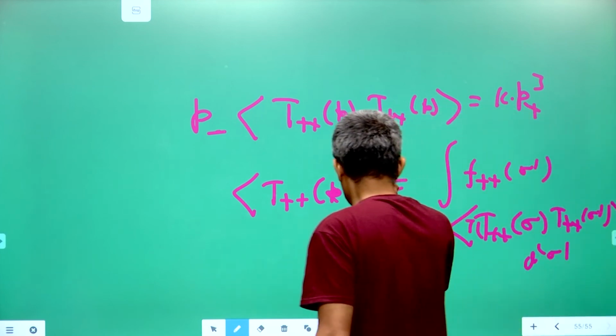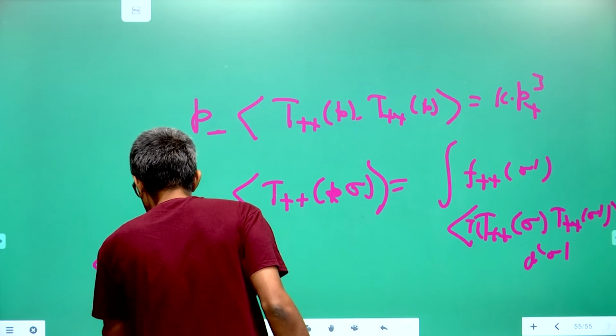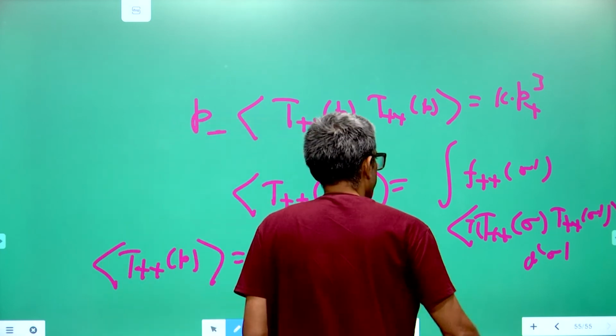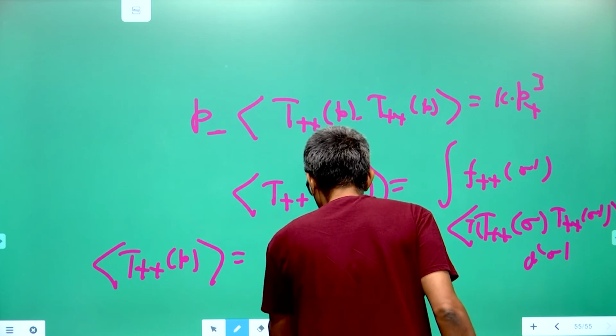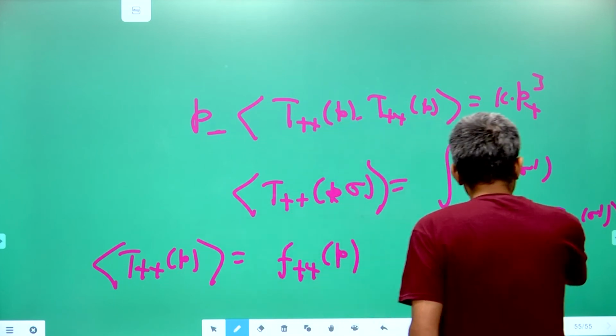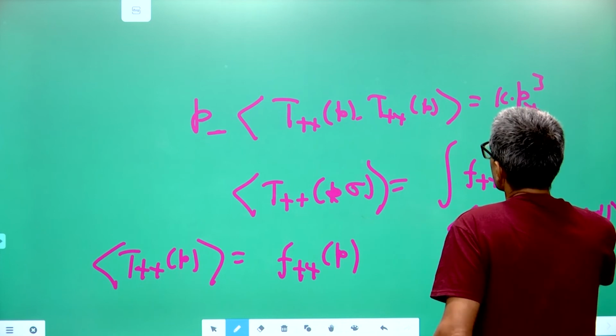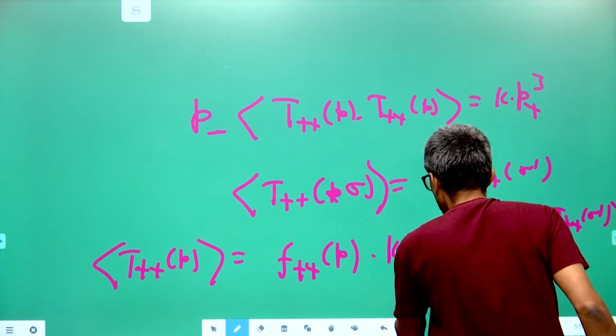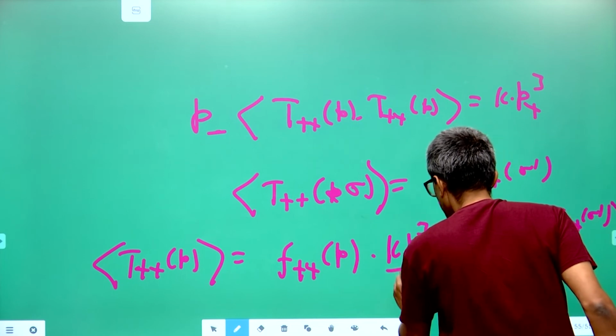If you take the Fourier transform, this becomes the Fourier transform of f evaluated at p multiplied by the Fourier transform of this correlation. The Fourier transform of this correlation is given by p plus cube by p minus.